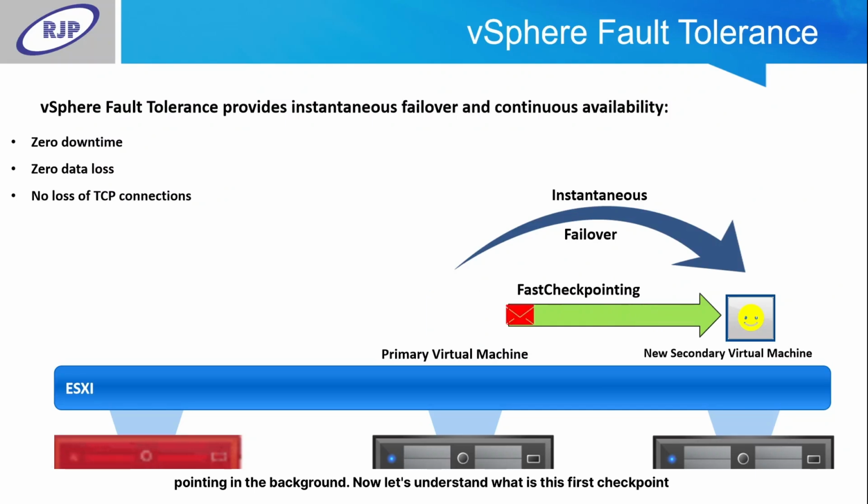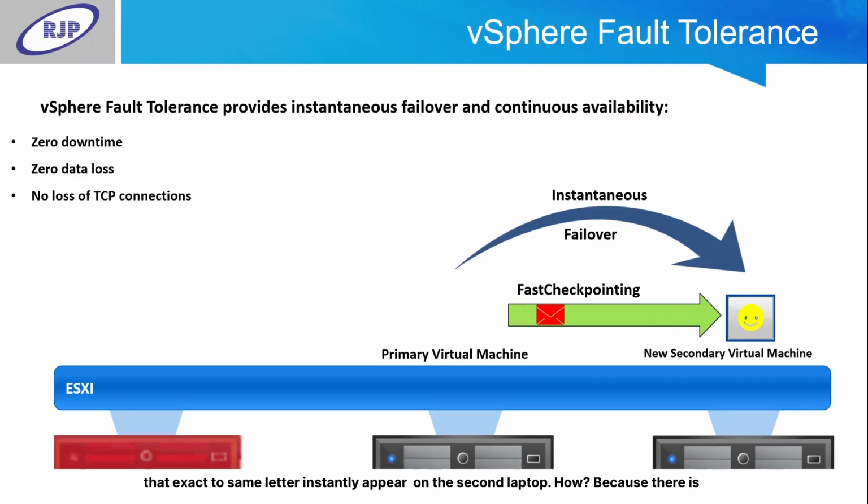Now let's understand what this fast checkpointing is. Imagine this scenario. You are typing a document on your laptop. You have another laptop near you. Every time you type a letter on your first laptop, that exact same letter instantly appears on the second laptop.